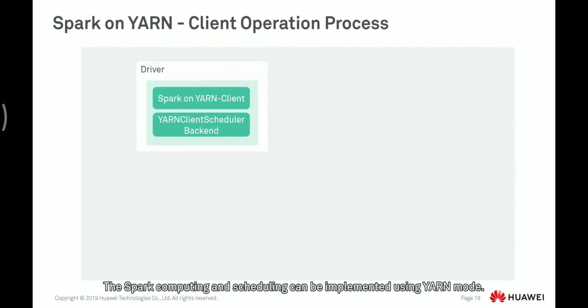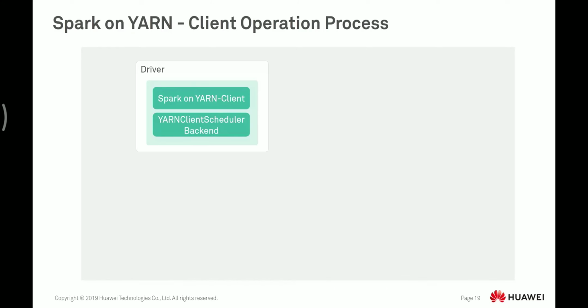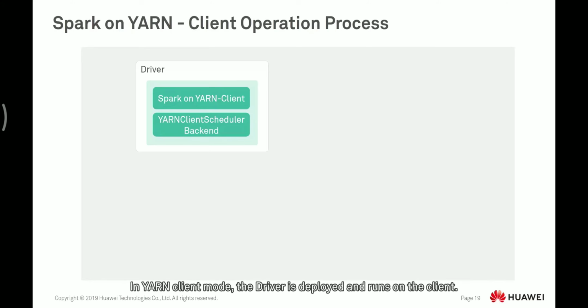The Spark computing and scheduling can be implemented using Yarn mode. Spark enjoys the computing resources provided by Yarn clusters and runs tasks in a distributed way. Spark on Yarn involves two modes, Yarn client and Yarn cluster. In Yarn client mode, the driver is deployed and runs on the client.